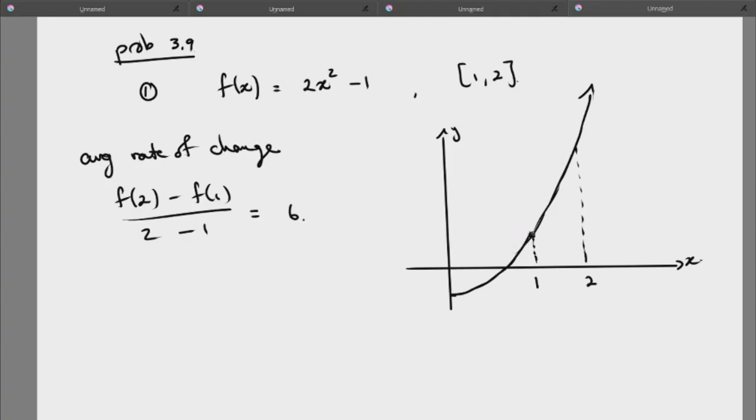If I want to know exactly what is happening at 1, I'm using a whole big window of information that skews what's happening at 1. This is not a good approximation.